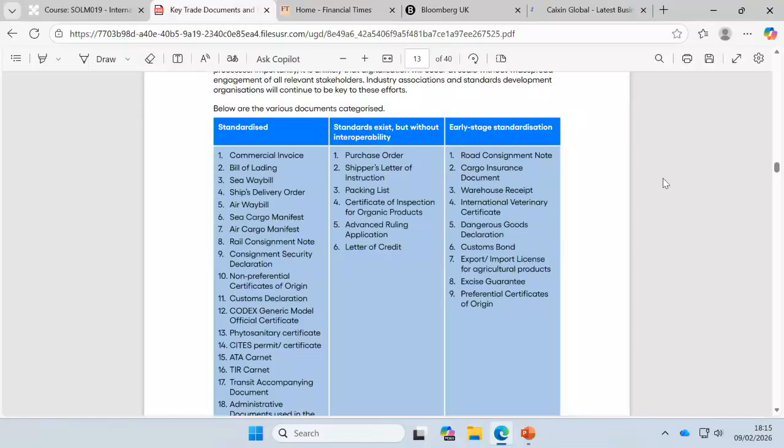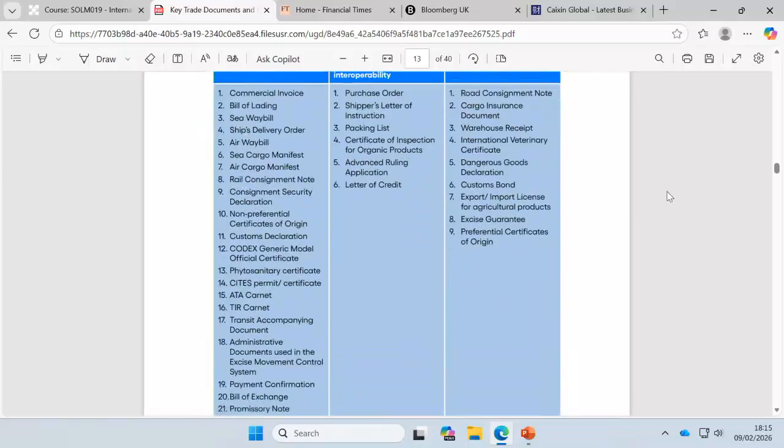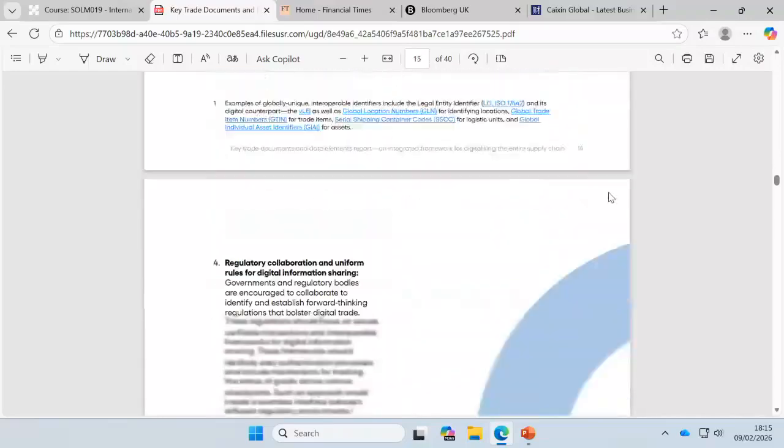And so you have the standardized forms where you have different standardized documents on one side, standards existing but without interoperability, and areas that are still at early stages of standardization.